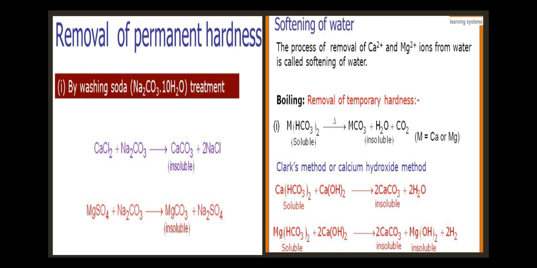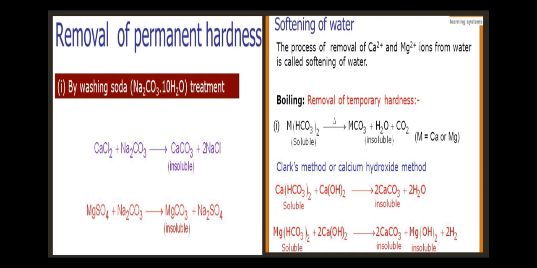In this way, these dissolved salts can be separated from the water. This is about the salts of calcium, which are soluble in water.